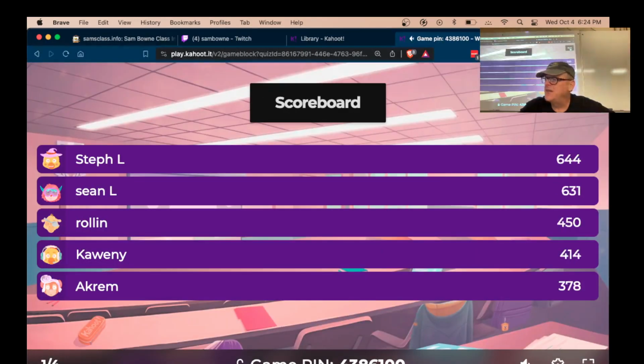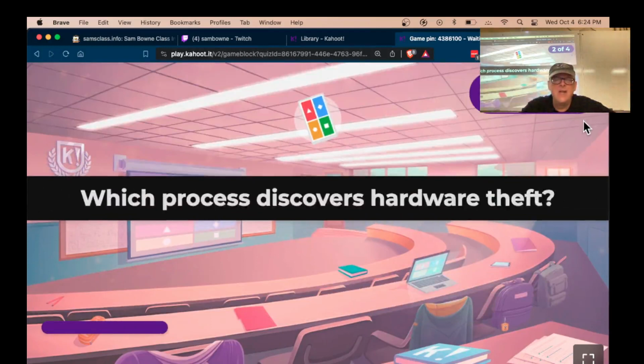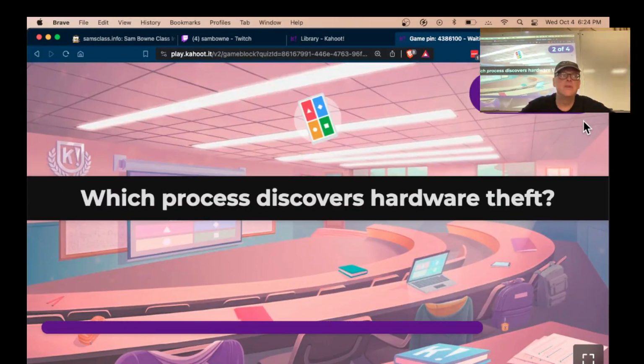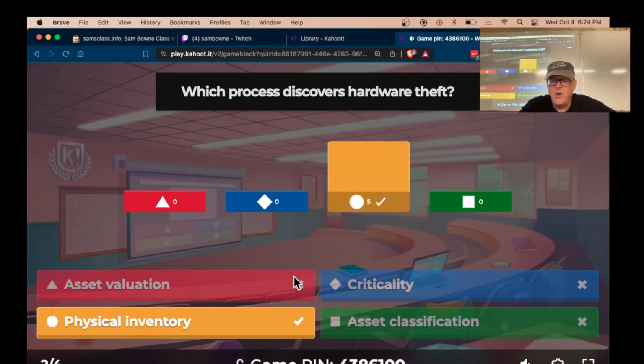That's what Amazon's, I think it's called Elastic Cloud Computing, something like that. All right. So which process discovers hardware theft? You have to physically wander around and check the physical location of devices. That's physical inventory.